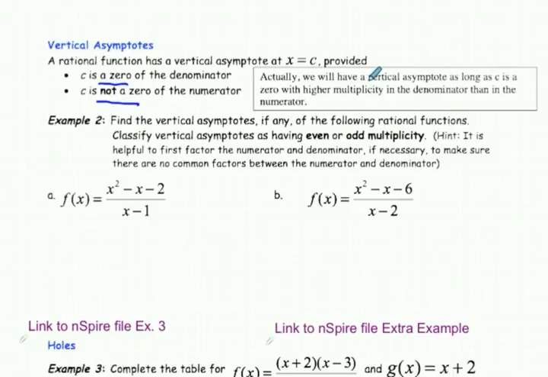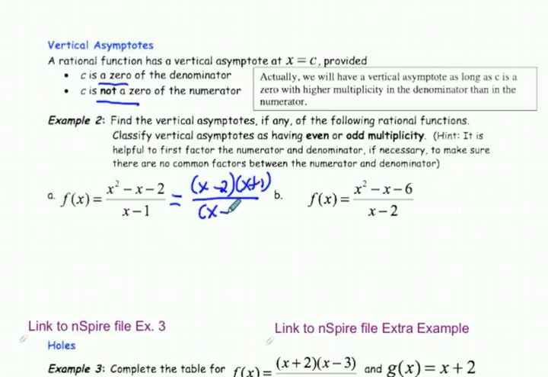So to find vertical asymptotes, we need to once again factor. Let's do the analysis, and I'm going to factor this numerator, the same function we did before: x minus 2 times x plus 1 all over x minus 1.